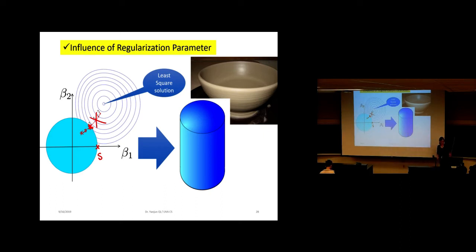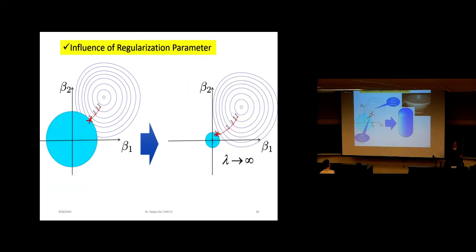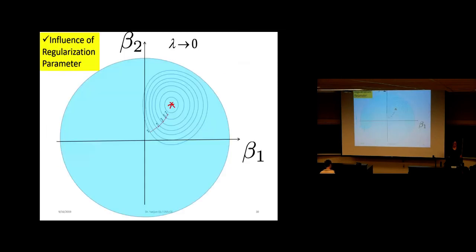So when S gets really large, it's equivalent to lambda close to 0, which means there's almost no regularization. Your solution will be the OLS solution.